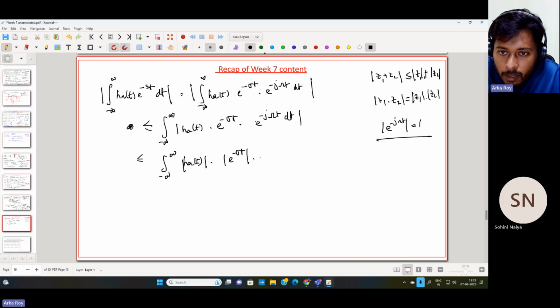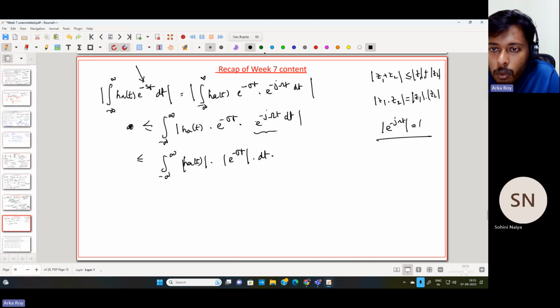So therefore, I can write it like this. Now to converge this particular integral, we can see there is no contribution of this imaginary part. The only thing that matters is the real part.